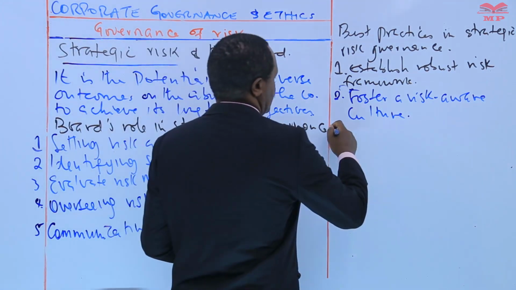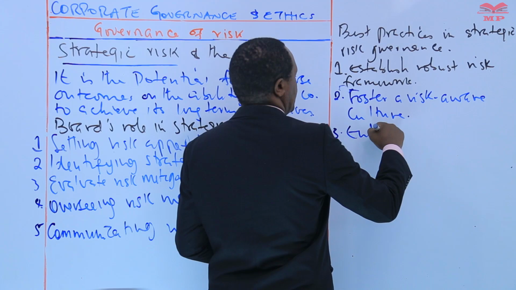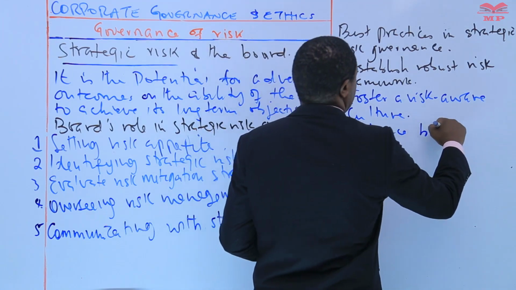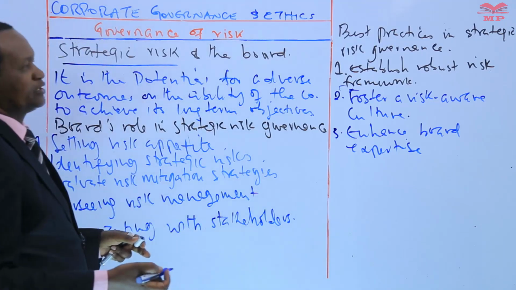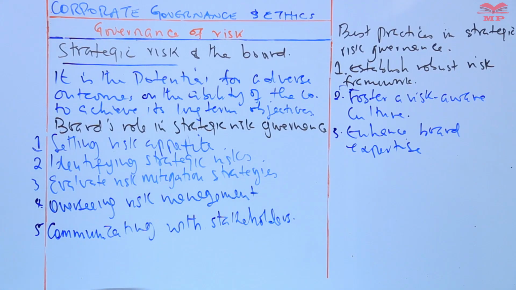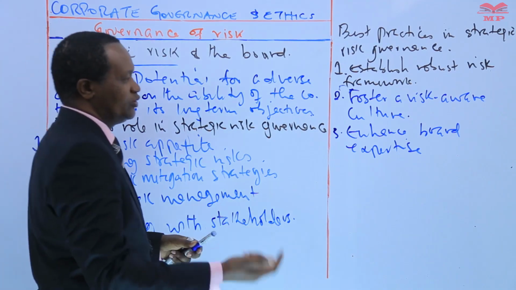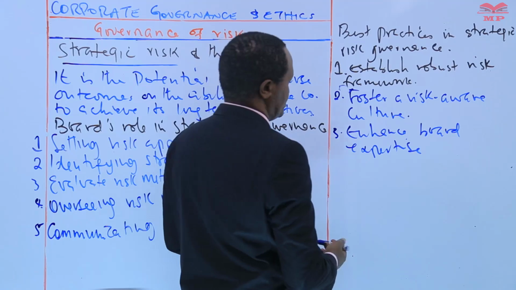Three, enhance board expertise. That is a best practice, enhancing board expertise. Ensure that the board has the necessary skills and experience to understand and evaluate strategic risks.